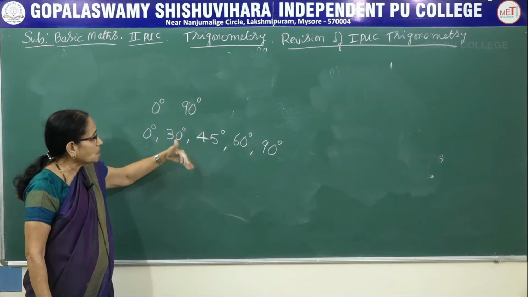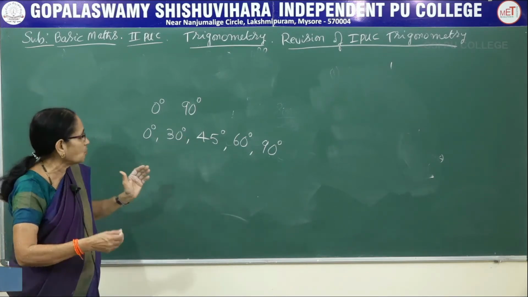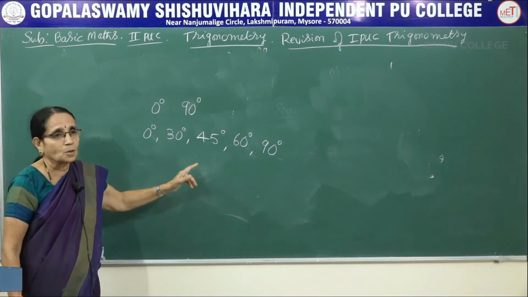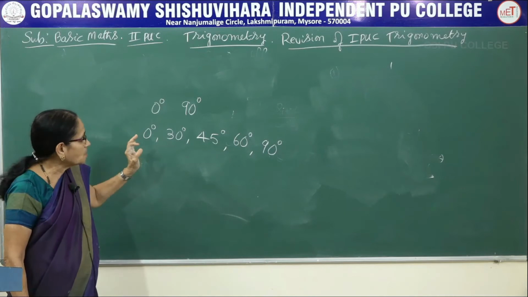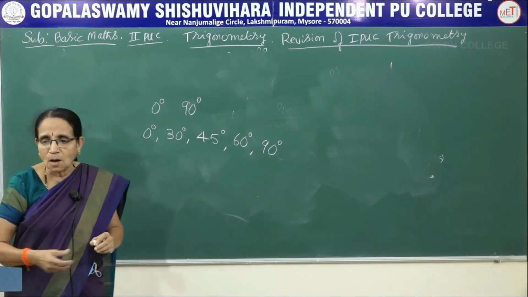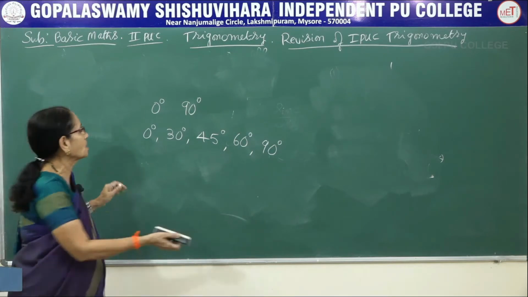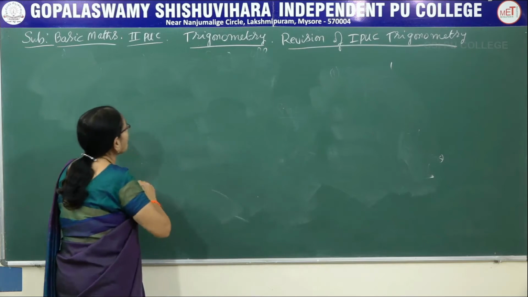That is, when you convert, any one of these angles would appear in the picture. Therefore, you have to know the standard values. You have to know the values of the trigonometric ratios of these angles, which we call the standard angles. Now, always we represent them in the form of a table.